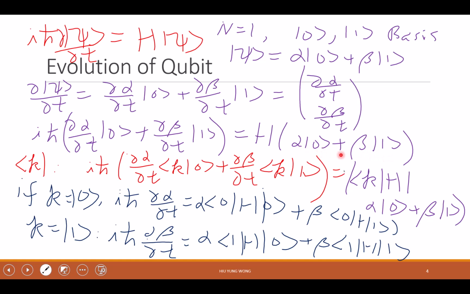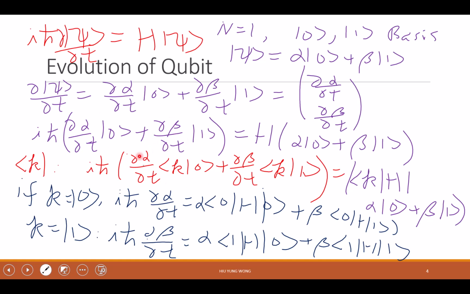Okay. And then I made a mistake last time, right? Now I apply a basis state. So k can be 0 or 1. I just give a general state, apply it to the left, and try to do an inner product. So <k| goes in, partial alpha partial t is a scalar, so I can take it out. So it becomes <k|0>, similar here, I have <k|1>.